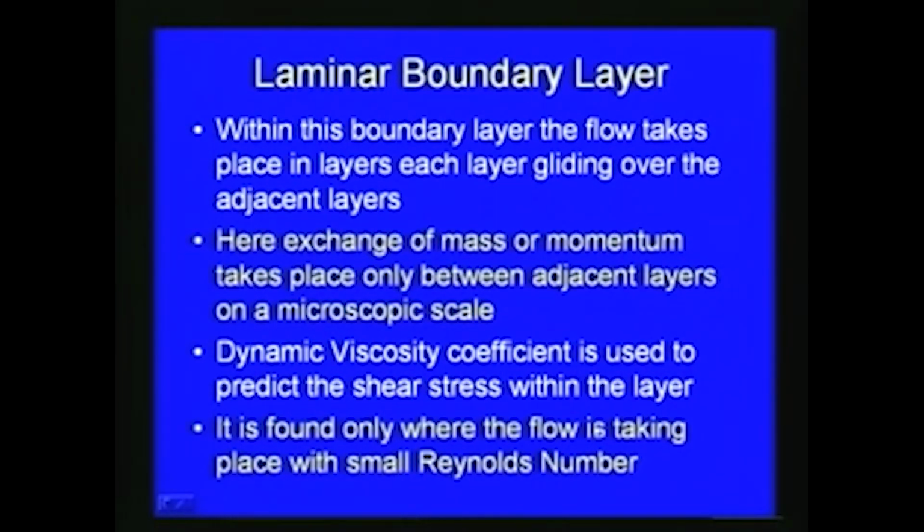So, when the free stream velocity is coming like this and we introduce the flat plate, in the initial region the Reynolds number will be low, and at that location the flow will be laminar.